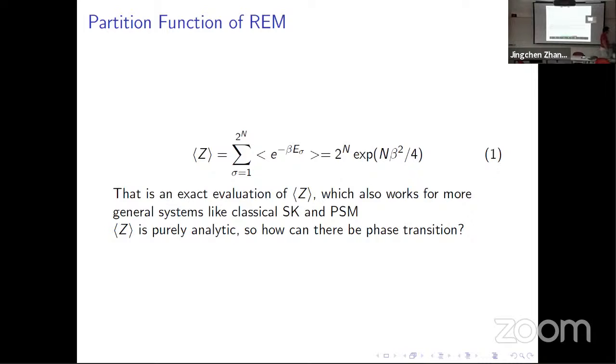I also want you to notice there's no phase transition here: the expected value of Z is purely analytic. If you think phase transitions come from the expected value of Z, then there's no discontinuity or anything like that in the annealed free energy.